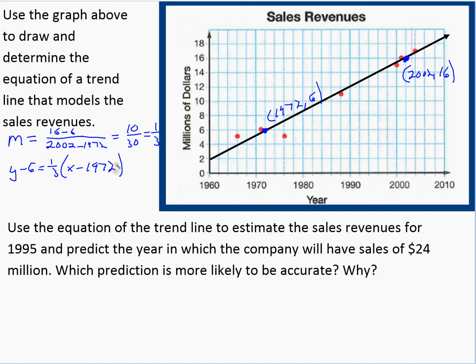If you remember the equation, point slope form, I'll write up here, it's y minus y sub 1 equals m times x minus x sub 1. That's the equation we're using and plugging in our values. We distribute this 1/3, so we get 1/3 x, and when we multiply here, we get 1972 over 3.